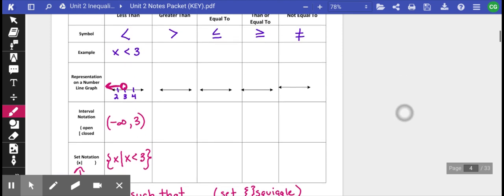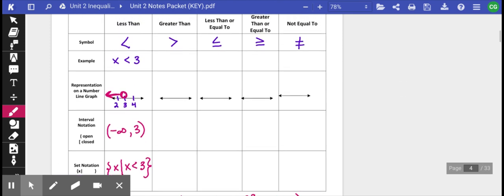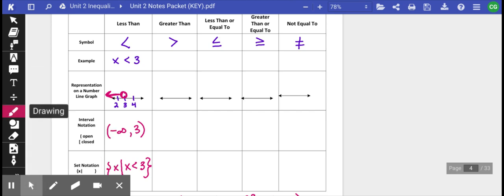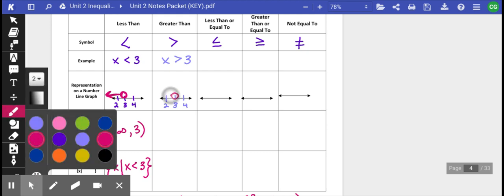So if I had a greater than, let's say that I wanted to say that x was greater than 3. Again, on my number line, I'd have 2, 3, and 4, and I'd again have an open circle because I couldn't be 3, but I can be anything larger than 3.